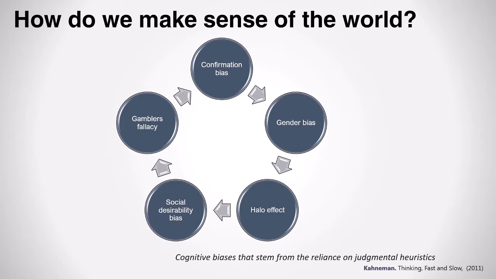So when we think about a bias, it tends to be a slightly skewed way of seeing the world. So just some examples here. We've got something called confirmation bias. We all tend to do this at least a little. So this is where we tend to accept information that reinforces our own worldview, and reject information that doesn't.